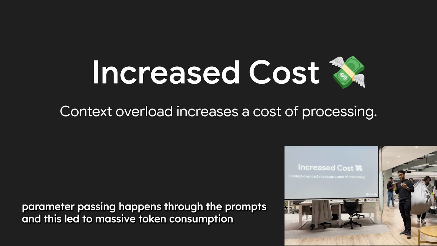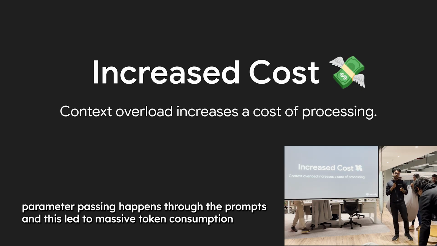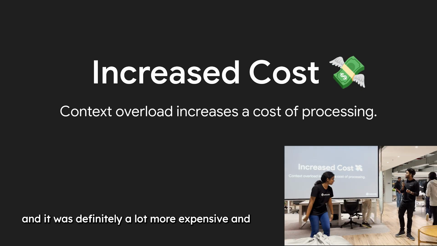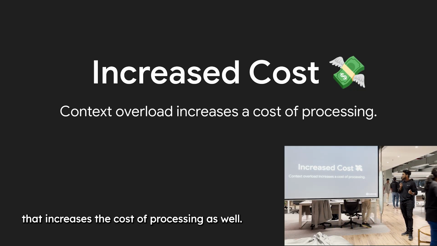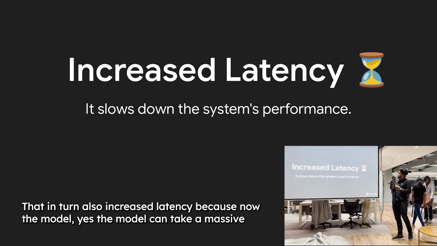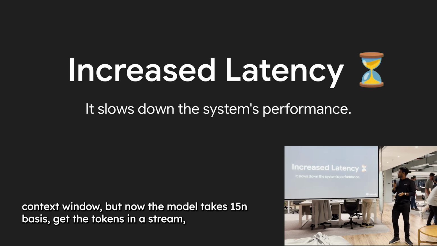Function parameter parsing happens through the prompts, and this led to massive token consumption, and it was definitely a lot more expensive, and that increases the cost of processing as well. And that in turn also increased latency, because now the model can take a massive context window, but now the model takes 15, 20, 30 seconds to generate a response.